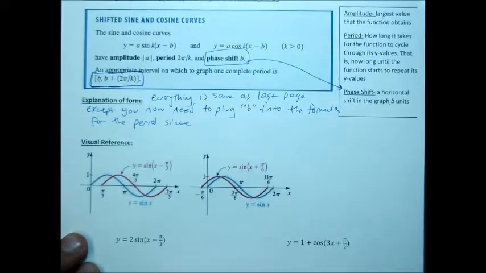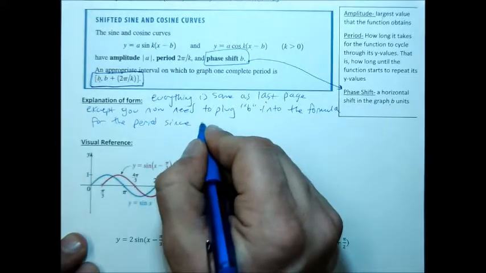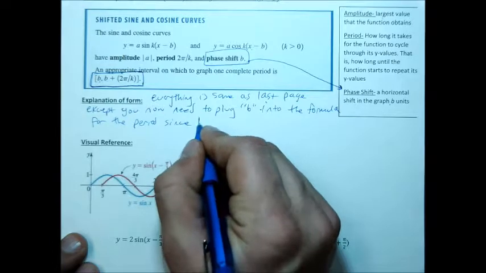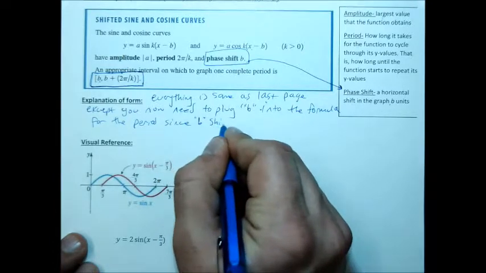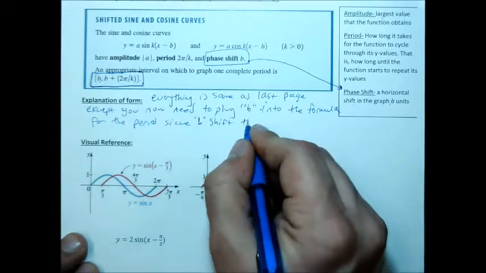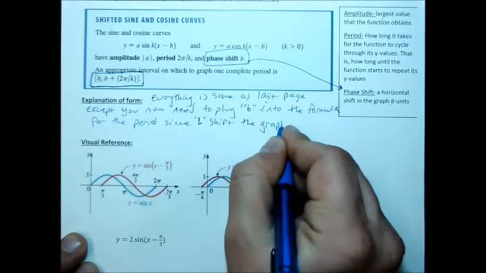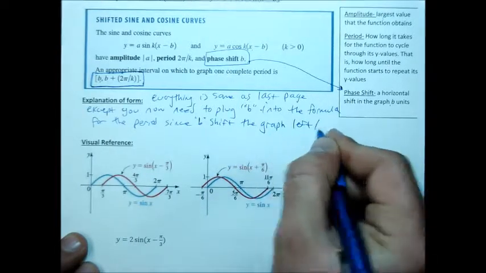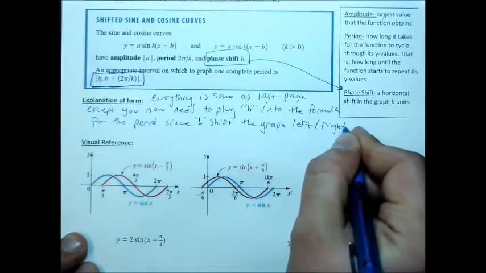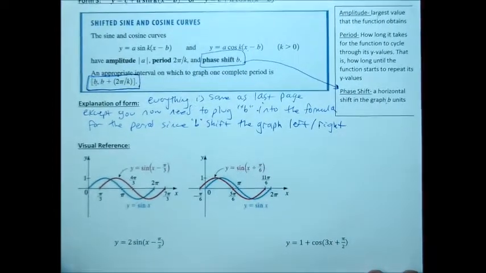And we use b because b is going to shift the graph left or right. Okay, but everything else we think about the same.